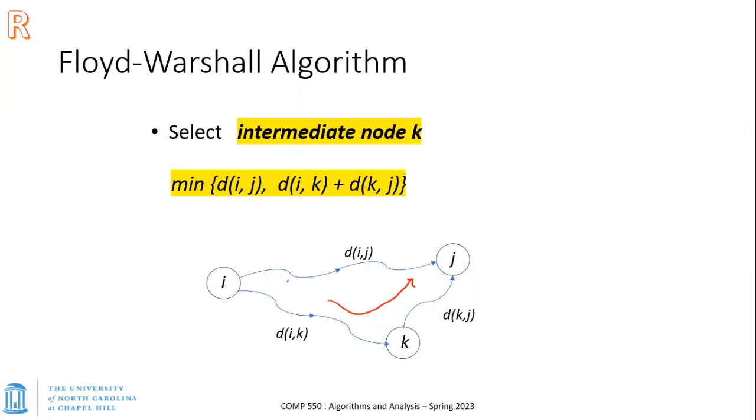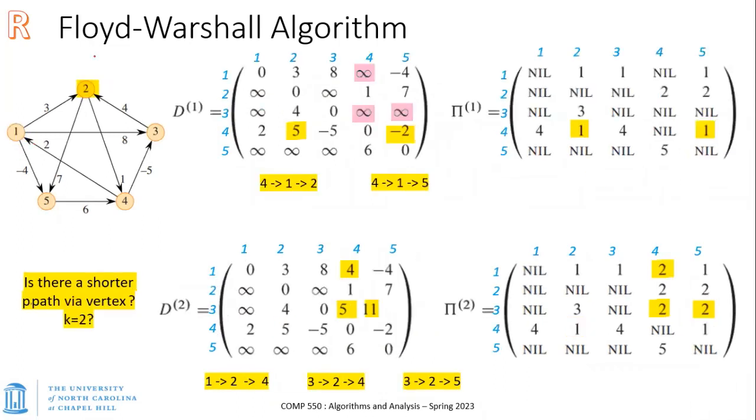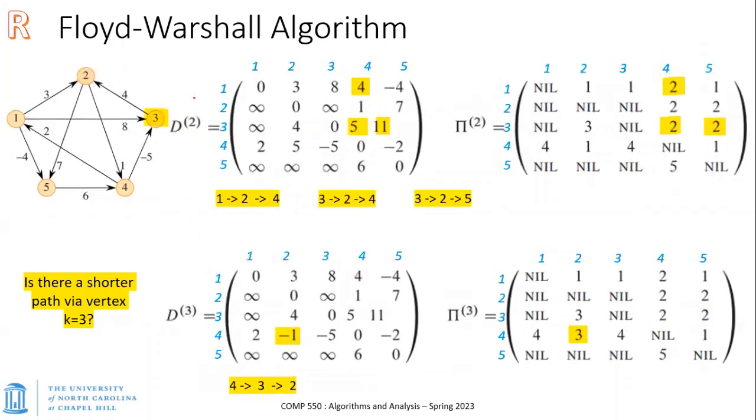Initially we asked, can we go through vertex 1 and make it better? Then, having already achieved going through 1, can we improve by going through vertex 2? Now that we've done these two, can we go through vertex 3 and look at our best results so far, and improve on that?